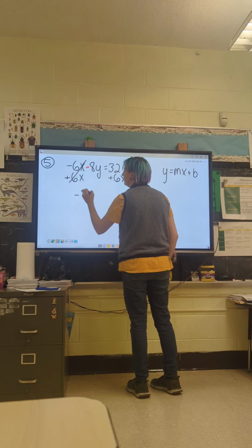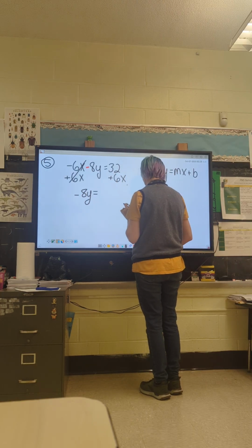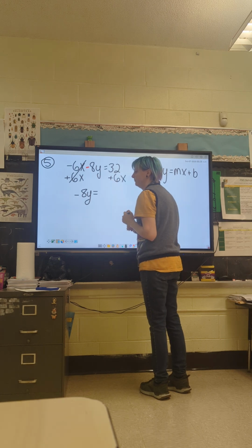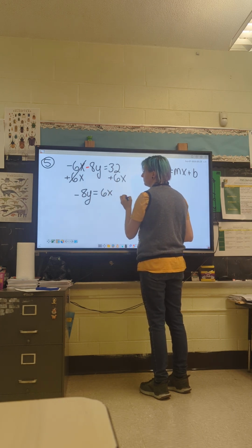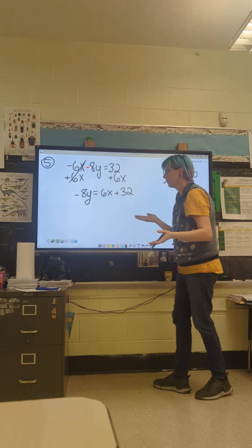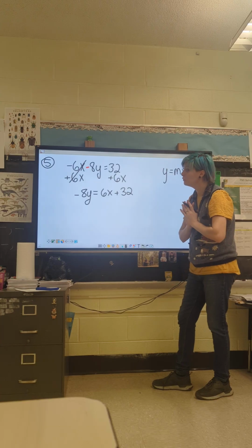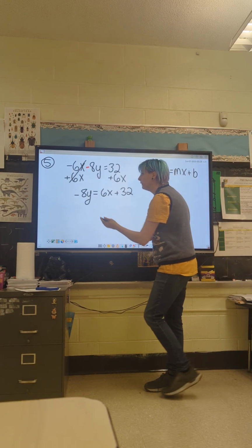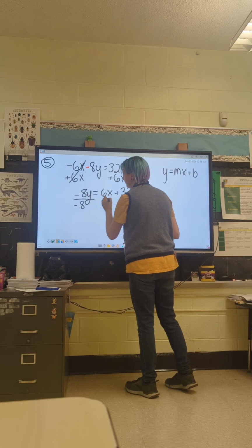Negative 8y equals, I'm putting my x first to follow my formula, positive 6x, positive 32. Look familiar? It should, because we do the exact same thing. Divide everyone by negative 8.